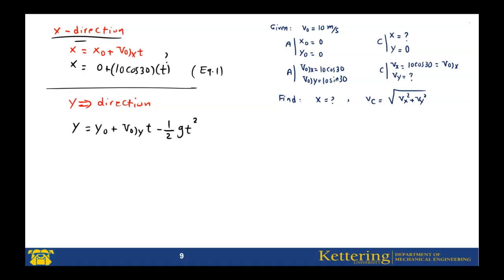I can find time from this equation, plug it into the other equation, and find x. You have to be smart to select this equation. Why? If you select the first equation, you do not have this, you do not have this. Also, the third equation has no time.